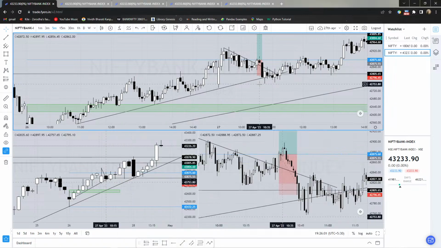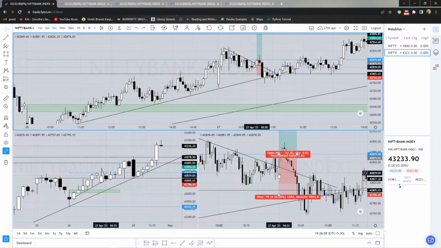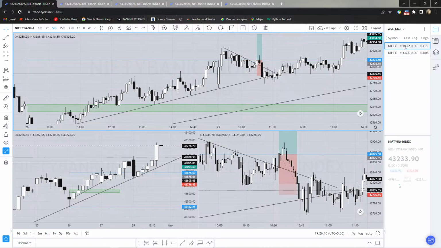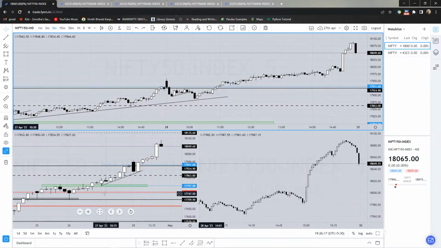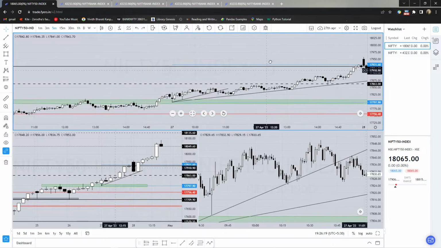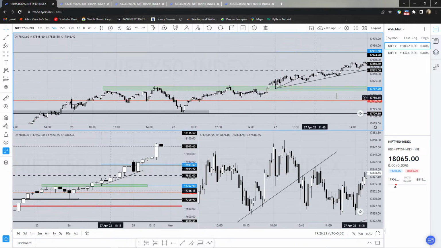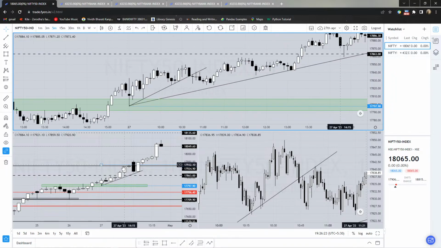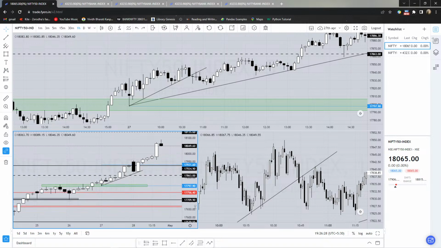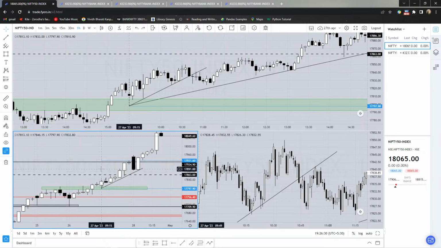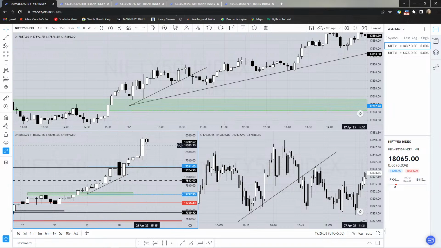This is 10:33, right? 10:33 in Nifty. In Nifty, it looks like an exhaustion rally.